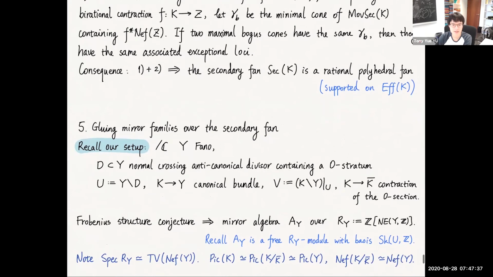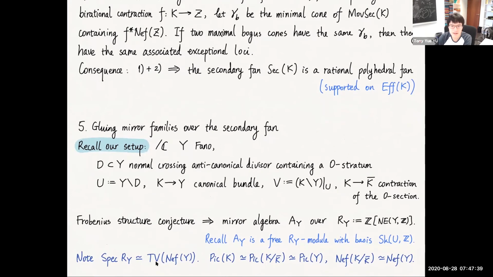So recall that if we take Spec of the mirror algebra, we get the mirror family. The Spec of RY is just the toric variety associated to the Neff cone. And we have identifications between the Picard groups and also identifications between the Neff cones.